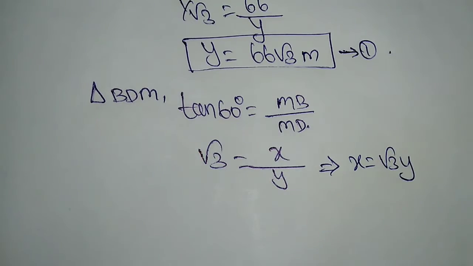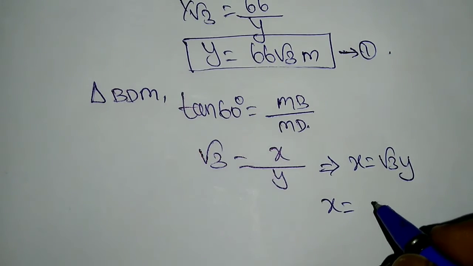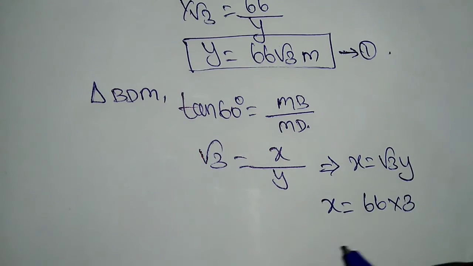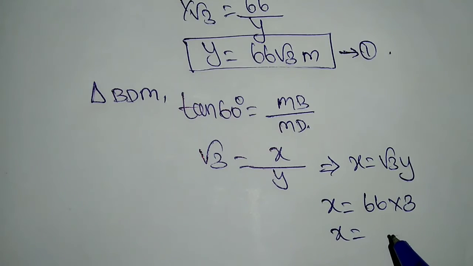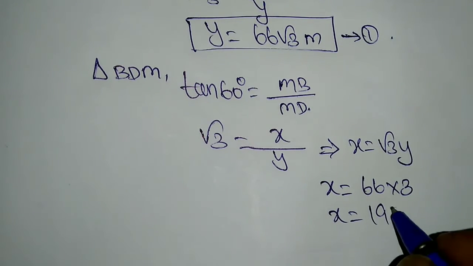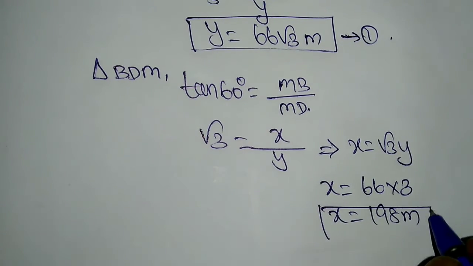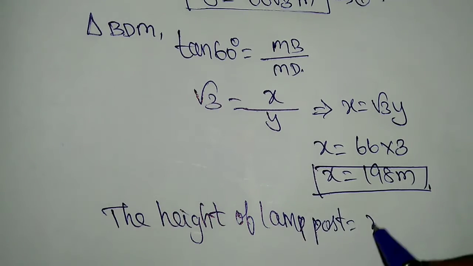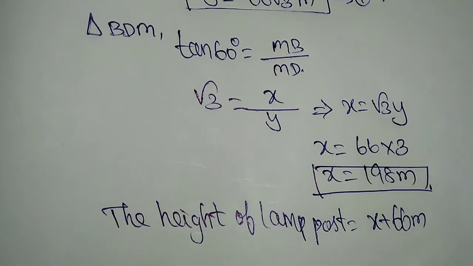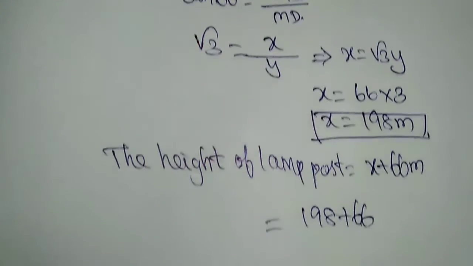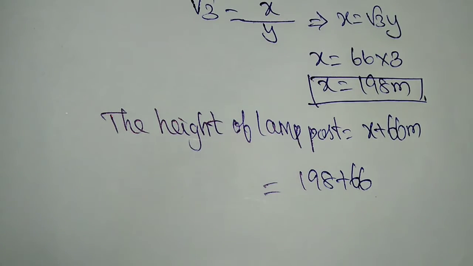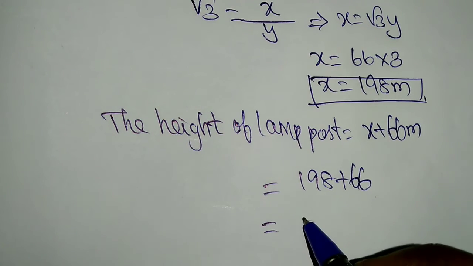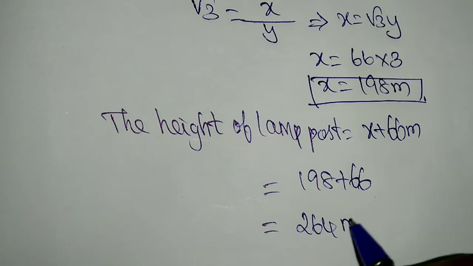From equation 1, we get x is equal to 66 into 3. So x is equal to 198 meter. Okay. So the height of the lamp post is equal to x plus 66 meter. So x is 198 plus 66 meter. So here we get the height of the lamp post is 264 meter.